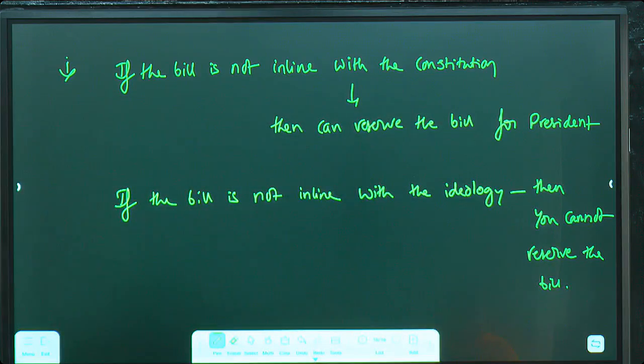If it is not in line with the ideology, then you cannot reserve the bill.